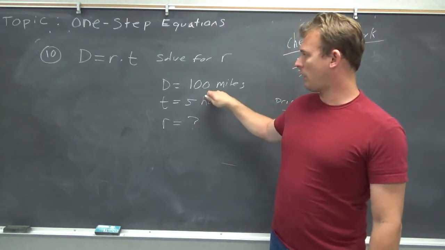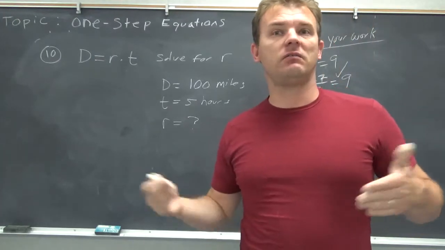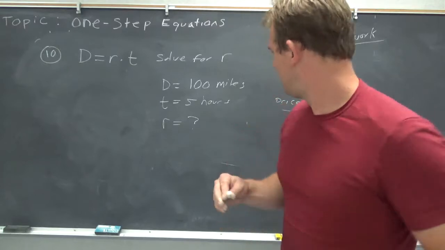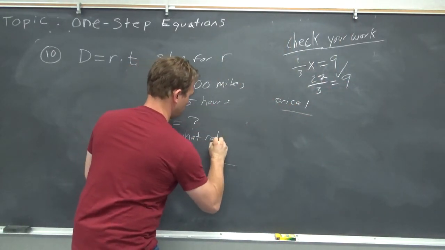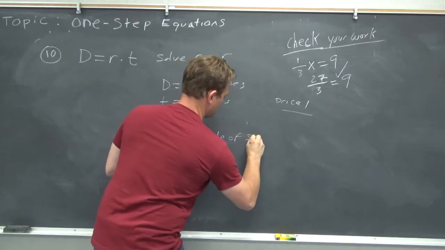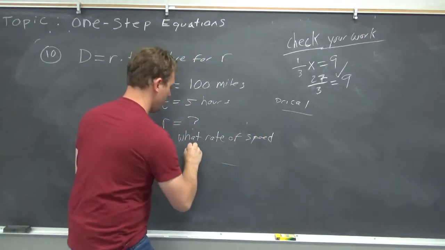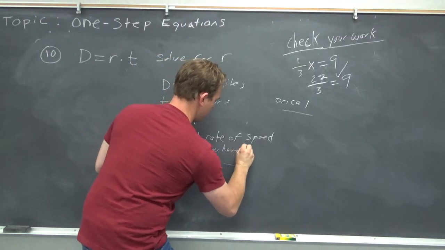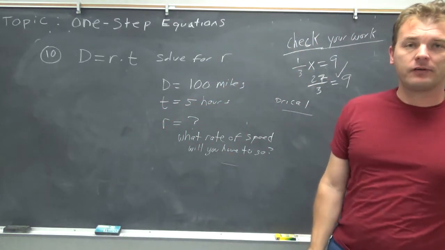So if you are 100 miles away from something and it takes you 5 hours to get there, at what rate of speed will you have to go? What rate of speed will you have to go?